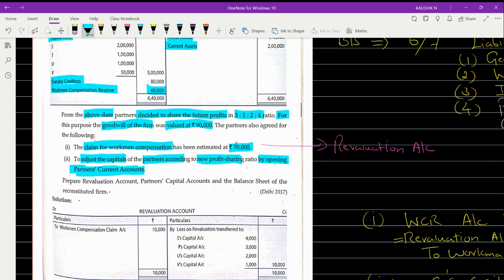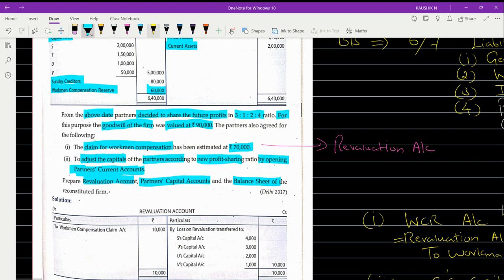They themselves have said it is a concept of adjustment of capital by opening partners' current accounts. The question asks us to prepare the revaluation account, partners' capital account, and balance sheet.